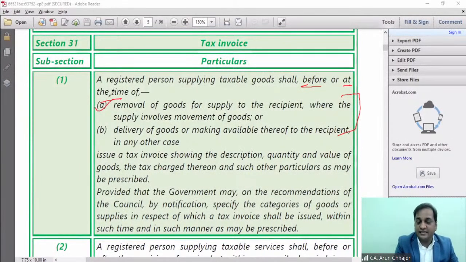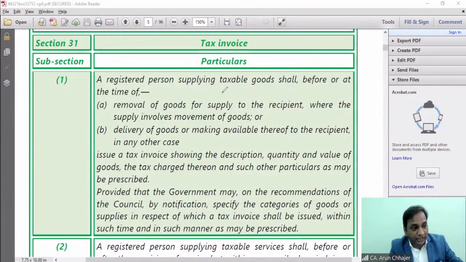The first is removal of the goods for supply to the recipient, where the supply involves the movement of the goods. Now, what is the last date to issue the tax invoice for supply of goods? It is divided in two parts.